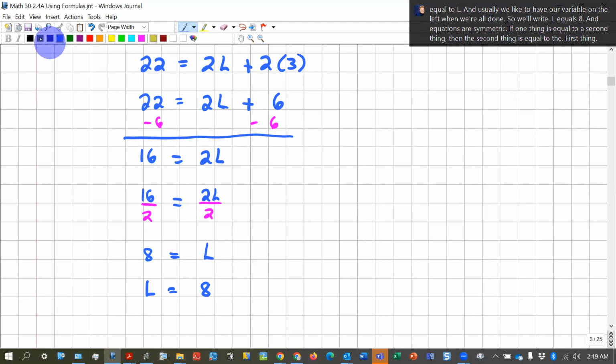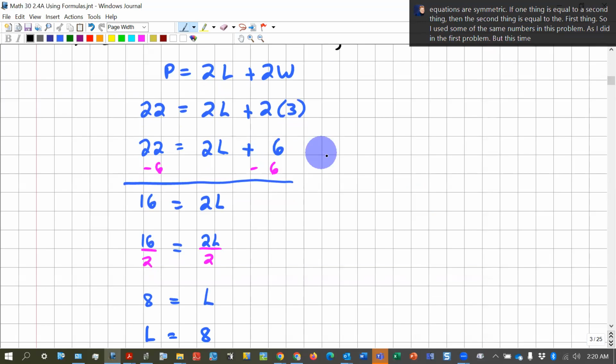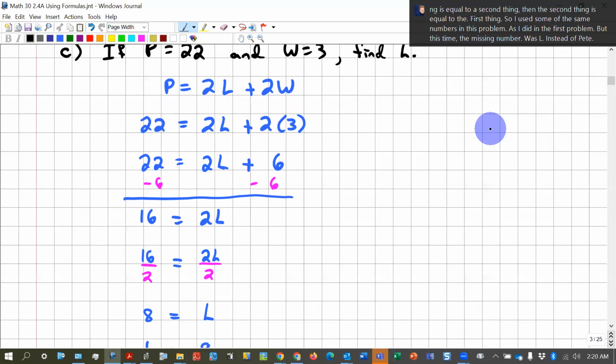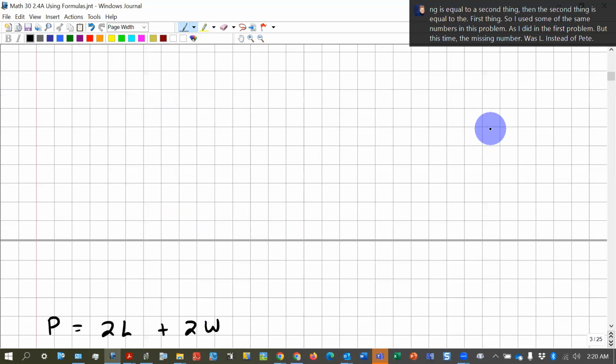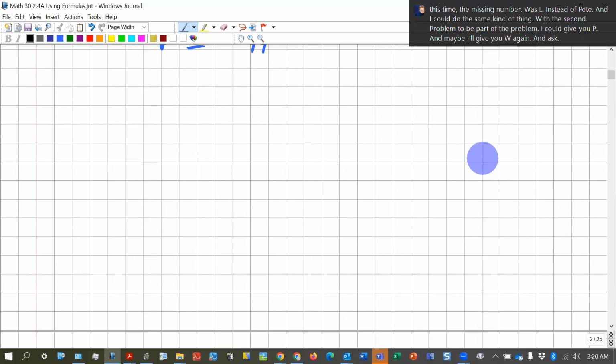So I used some of the same numbers in this problem as I did in the first problem, but this time the missing number was L instead of P. And I could do the same kind of thing with the second problem, the B part of the problem. I could give you P, and maybe I'll give you W again and ask you for L.